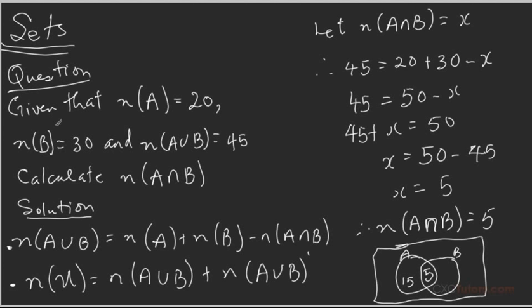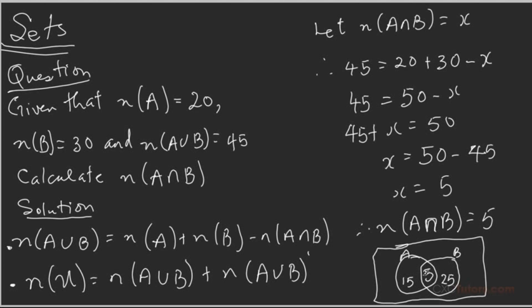Similarly, set B has 30 members, but of the 30 elements, 5 of them also belong to set A. So when you take the 5 from 30, you end up with 25. If you add these three numbers now, 25 plus 5 plus 15, you end up with 45, and that is why it said the union of the two sets is 45.